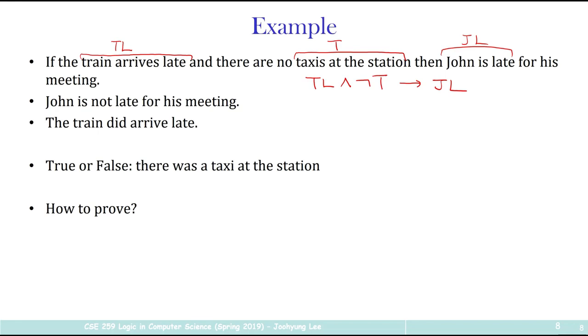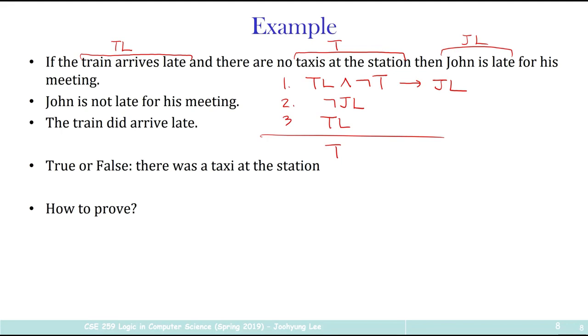The second one, John is not late for the meeting, can be represented as this one. The train did arrive late is TL. So you know these three facts: 1, 2, 3. And the conclusion that we want to check is whether there was a taxi at the station.